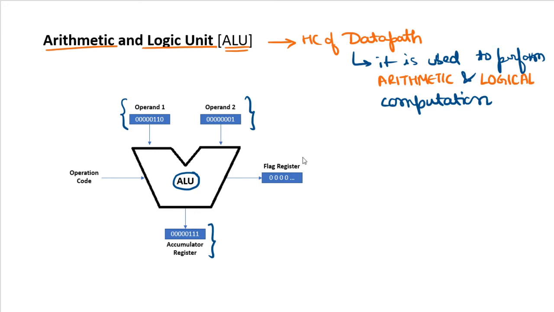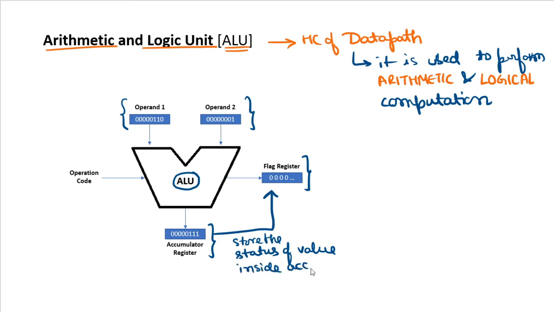It also has one register known as the flag register, which is used to store the status of the accumulator register, the status of the value inside the accumulator.